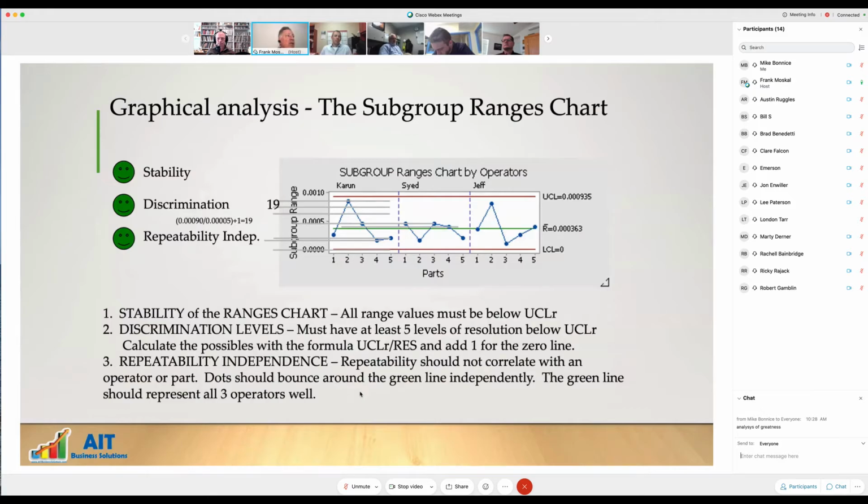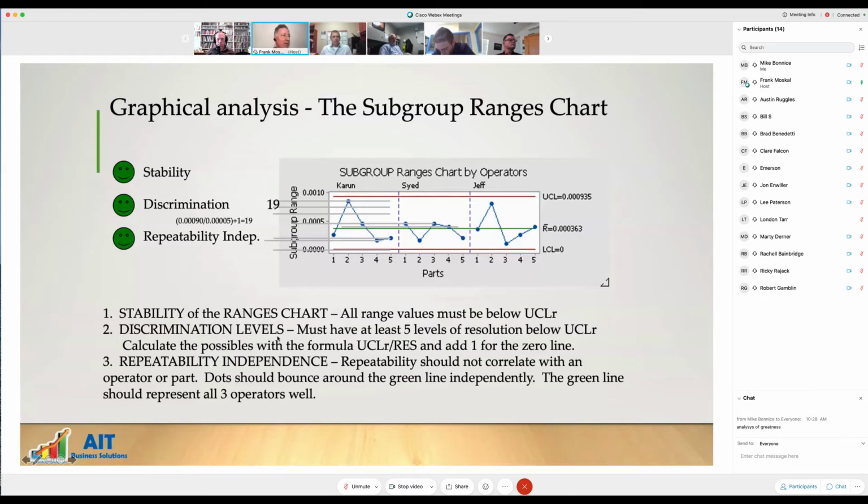And then when looking at the chart, items 1, 2, and 3 in our graphical analysis, I want to see stability. So I should see no ranges above the upper control limit. That's a dead giveaway that we have a lack of stability. In this case, all looks good.